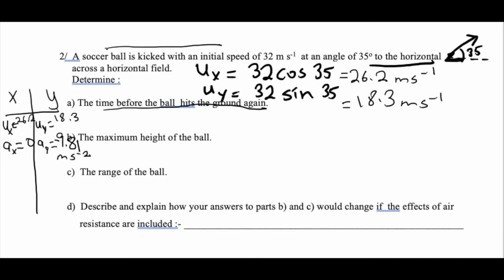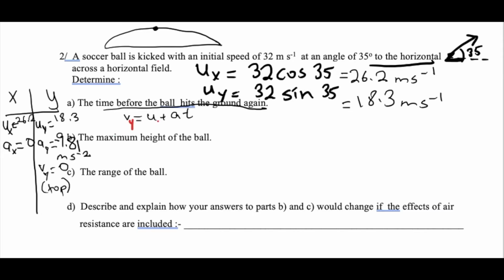To find the time before the ball hits the ground again, first we're going to find the time to reach the top, because this is what the ball is doing. At the top, Vy is going to be 0. And that's what I'm going to use to find the time to reach the top by using this formula, V equals U plus AT, which is what we did in the free fall questions.